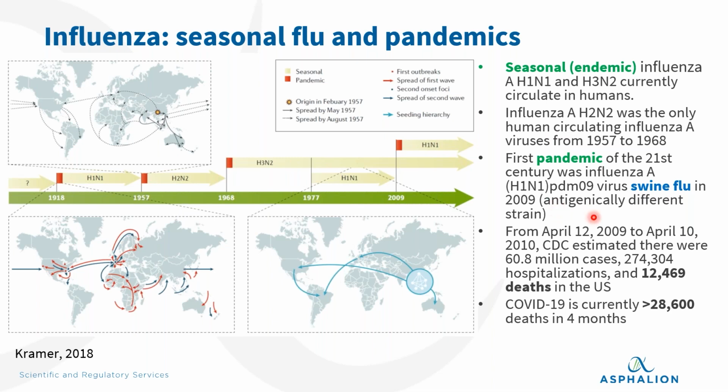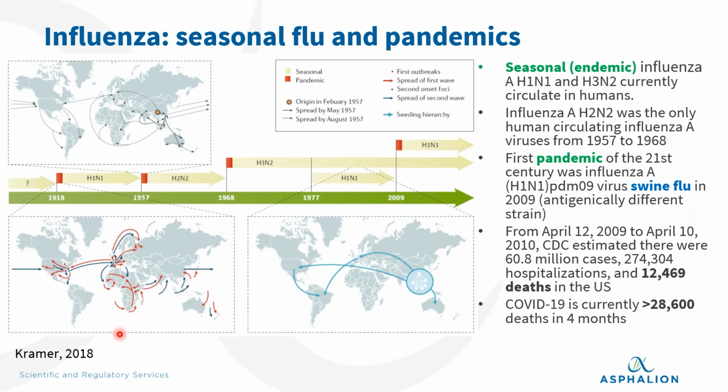According to the CDC in the US, in the 1 year from April 12, 2009, ironically almost the same dates we're talking about now, there were about 60 million cases and about 13,000 deaths, which is quite a few still, but most people have probably even forgotten about swine flu now. Worth highlighting that the US deaths are currently over 28,000, so over double that in only 4 months. So we'll see how that goes on.